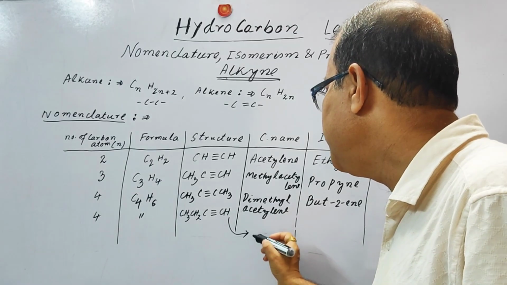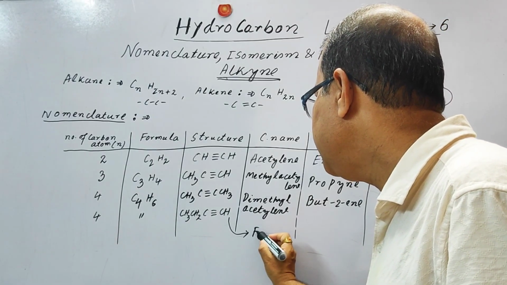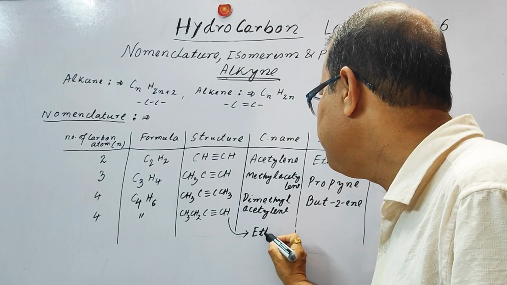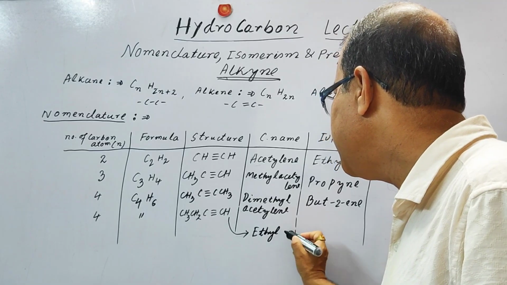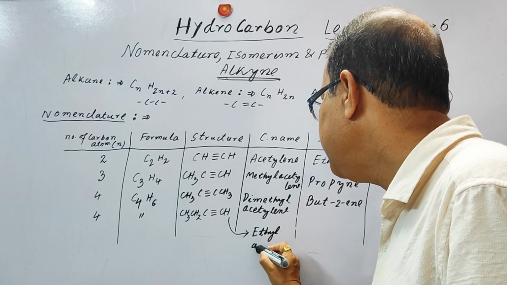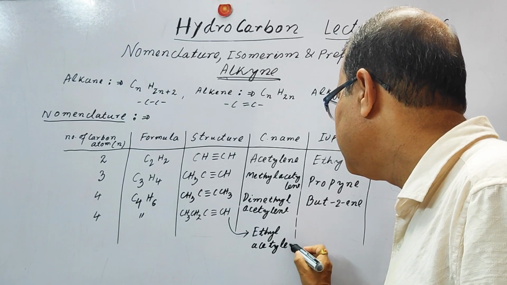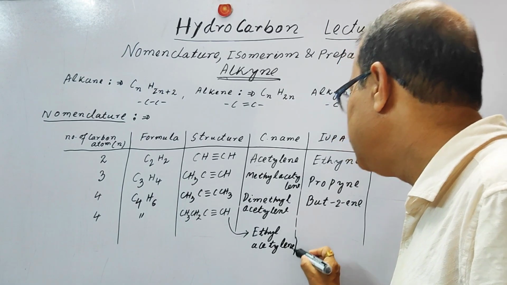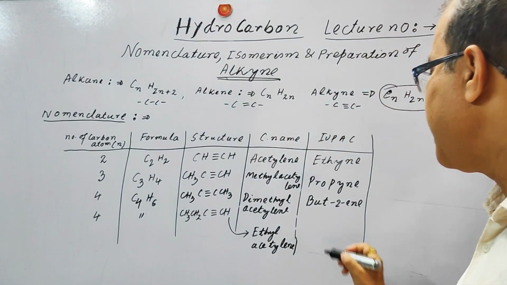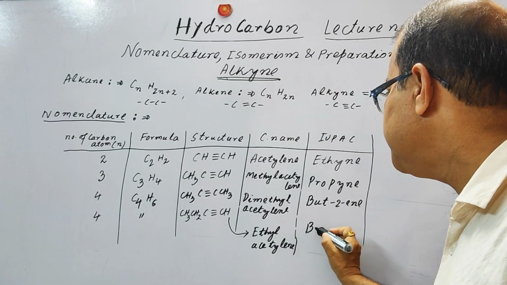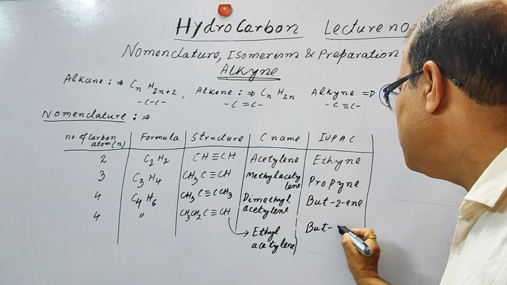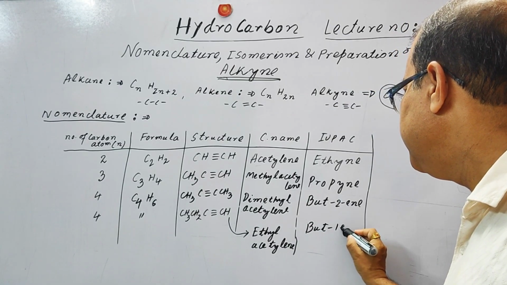Its common name will be ethyl acetylene, because here you can see the ethyl group. And its IUPAC name will be but-1-yne.